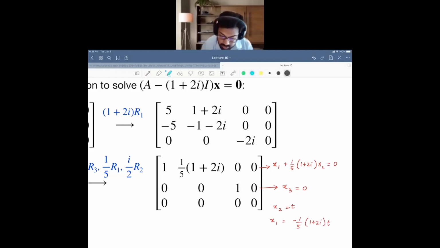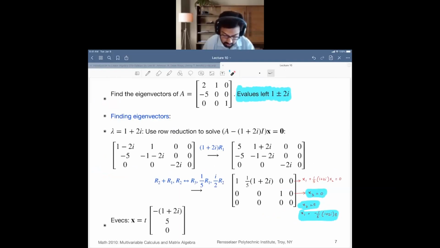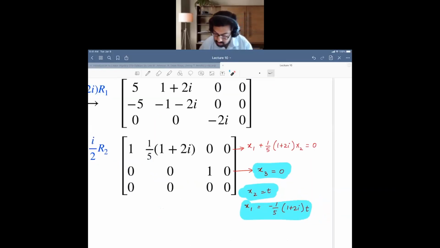What is that? The solution over here is the last element has to be a 0. The middle element has to be some arbitrary value t, and the first element has to be that same t multiplied by negative 1 over 5 times (1 plus 2i). And that's how we are writing the solution here. So x, the eigenvector over here, is going to be some arbitrary value t multiplied by negative 1 over 5 times (1 plus 2i), 1, 0.